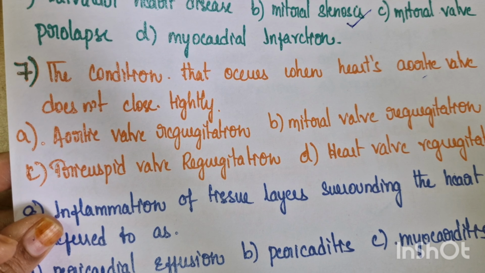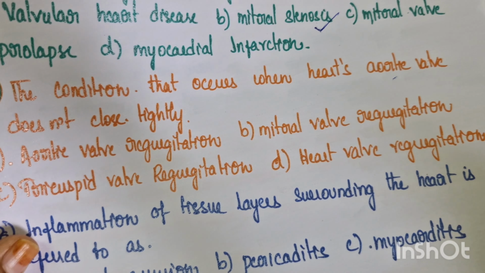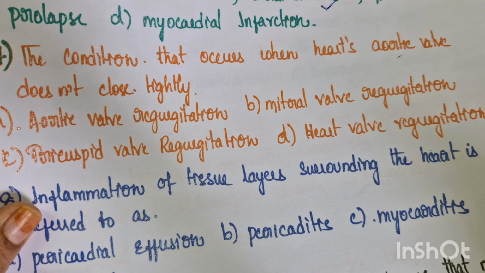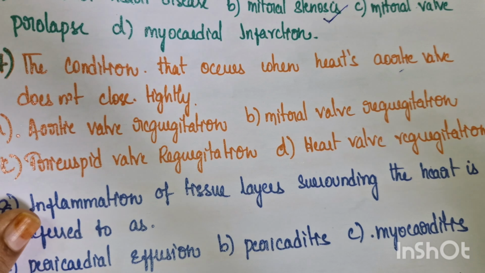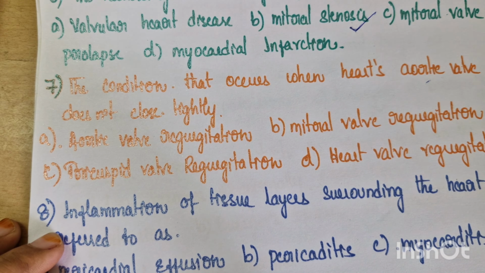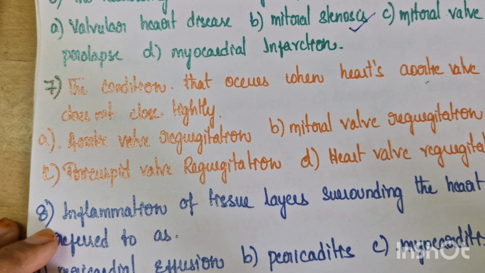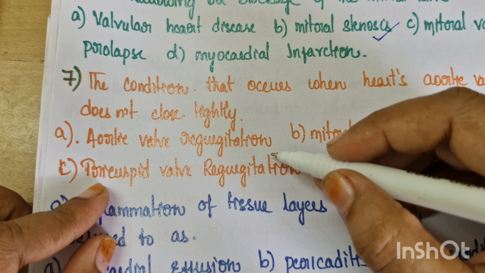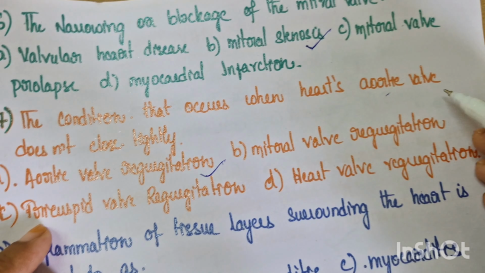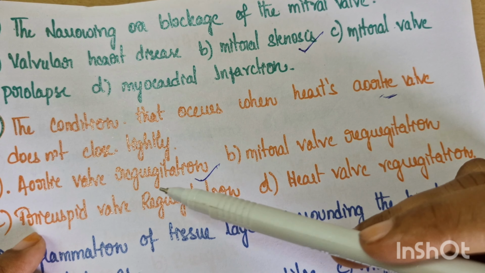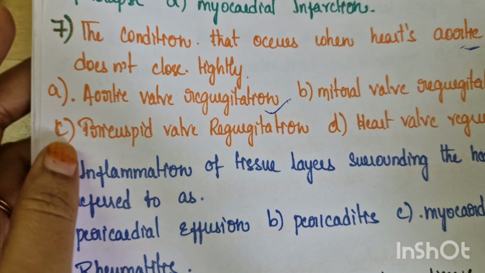They have given the options: aortic valve regurgitation, mitral valve regurgitation, tricuspid valve regurgitation, and heart valve regurgitation. Can you guess the answer? They asked only about the aortic valve not closing tightly, so it is called aortic valve regurgitation.